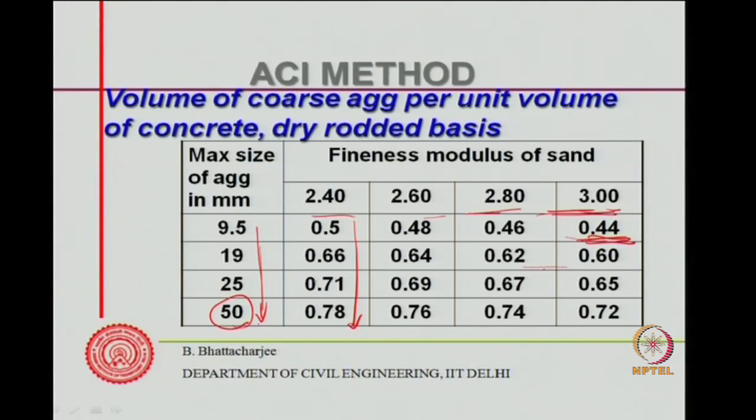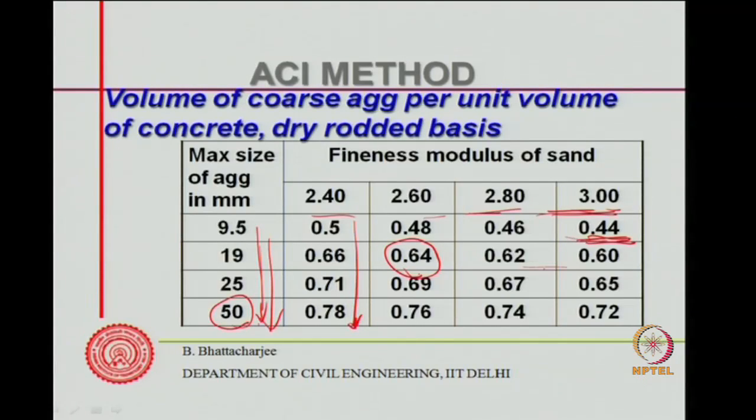The space here will be filled in by less sand. That is why, with higher fineness modulus of sand, this is decreasing, and as we increase the MSA, aggregate volume increases. So, the proportion of the aggregate volume is given by this particular table. Supposing you find that this is 0.64, and you know the dry rodded density of the coarse aggregate, you multiply by this to get the mass of the coarse aggregate that is present.